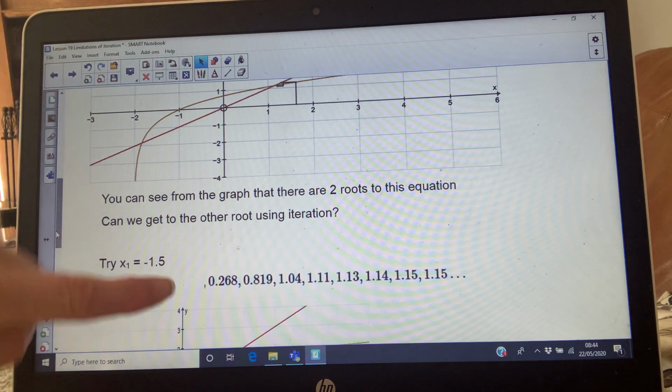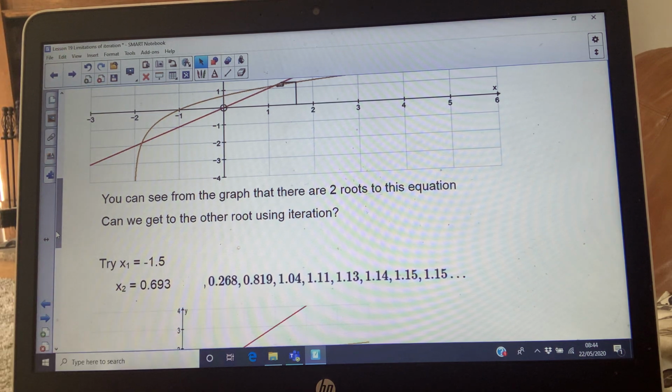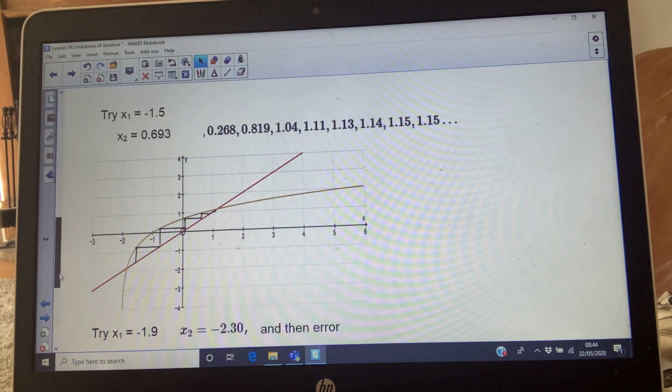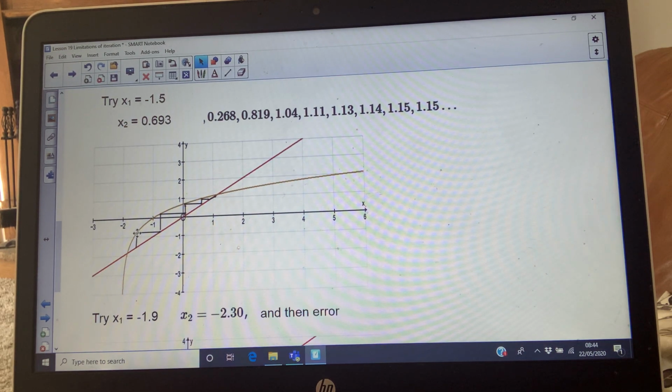So here's my numerical iteration. It might be easy to see here. I've started here with my curve, line, and you can see it's gone back up to this root here.